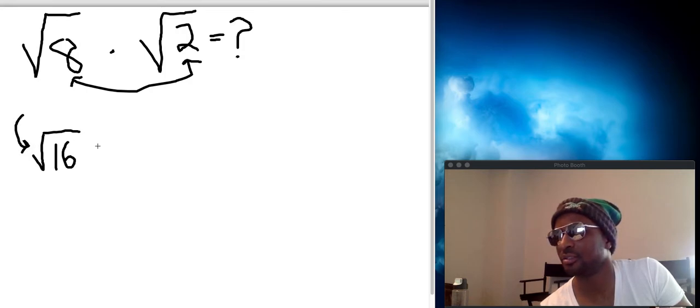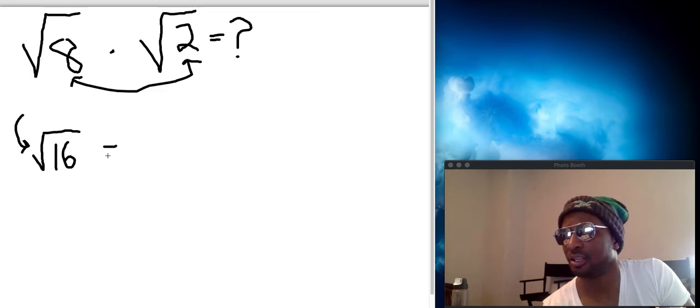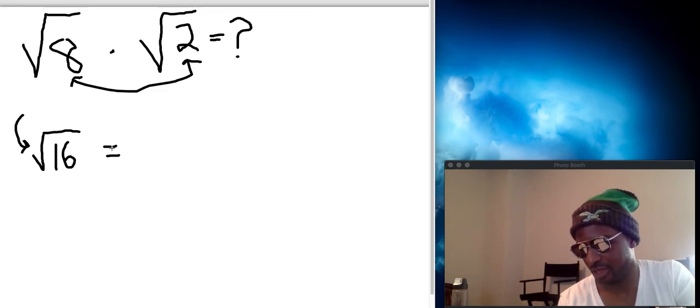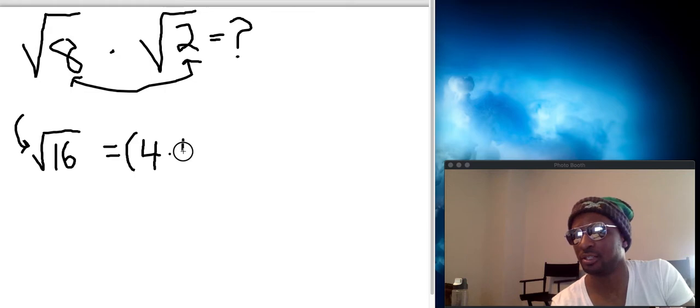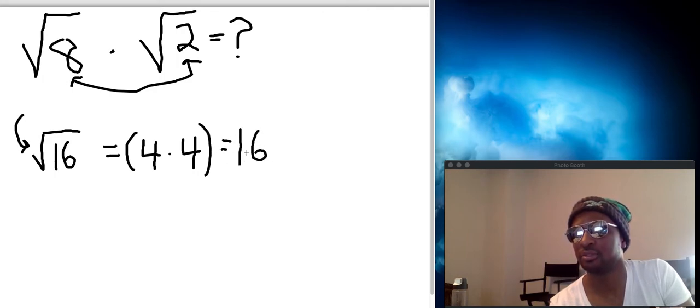Coming down here, square root of 16, and that's super simple. In order to find that, we just want to find the two numbers that, when multiplied together, give us 16, and that's how we find the square root. In this case, that would be 4. So our answer is 4.